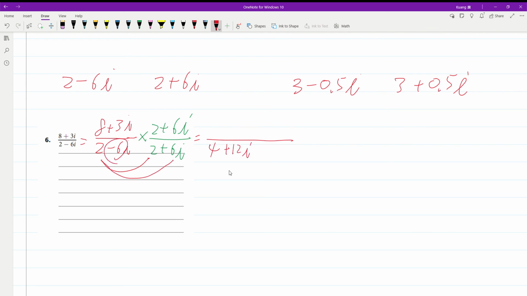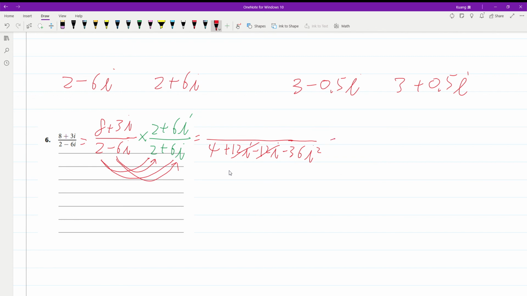Negative 6i times 2 is negative 12i. And lastly, negative 6i times 6i is negative 36i squared. First, you see plus 12i minus 12i, so it is gone. And i squared is negative 1.